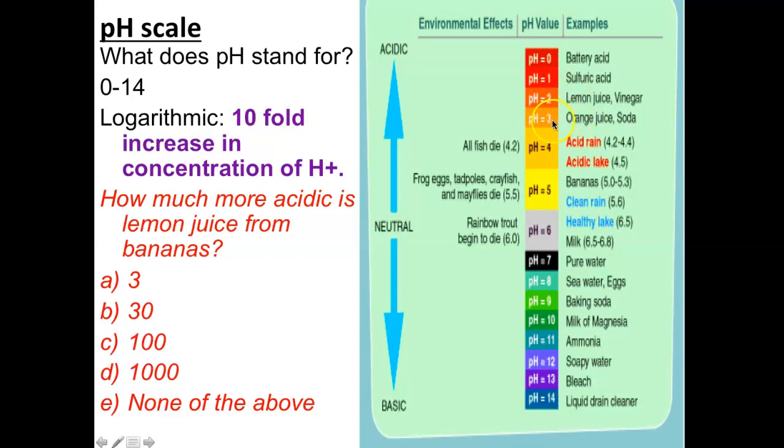From 3 to 4 is another 10 times difference. From 4 to 5 is another 10 times difference. So we have 10 times 10 times 10. The answer is 1,000. Not 3, not 30, not 100, 1,000. Every time you move up, you multiply by 10, or divide by 10.